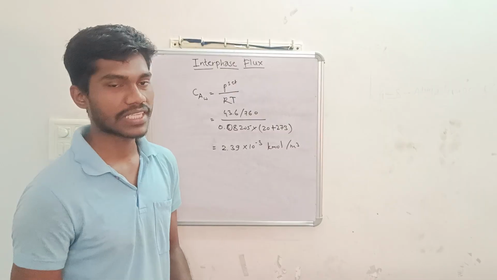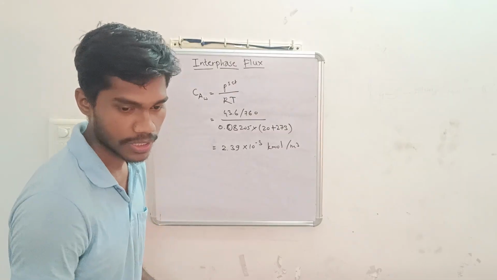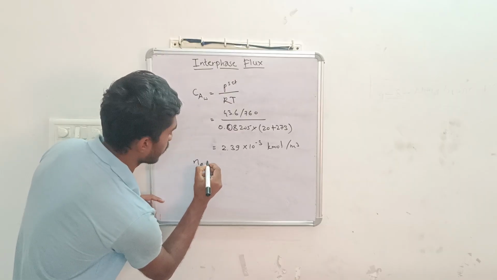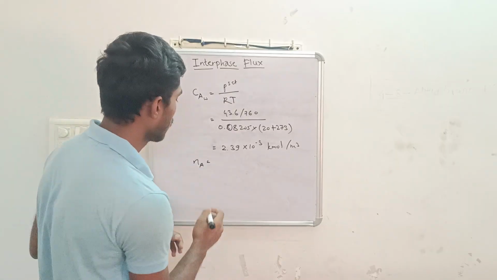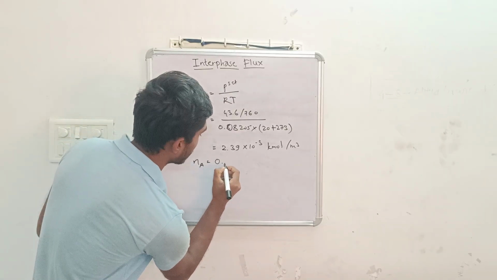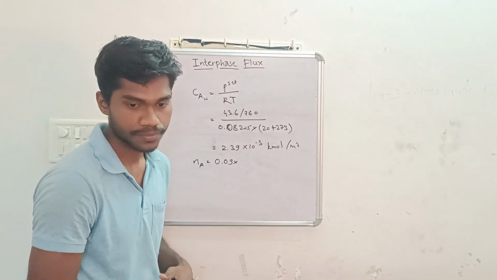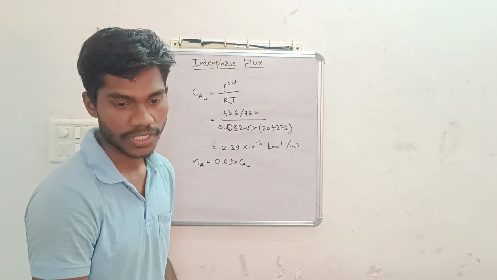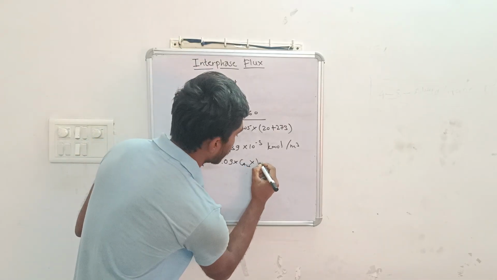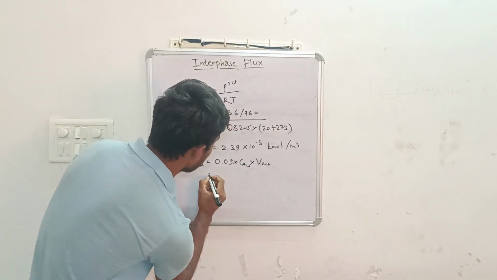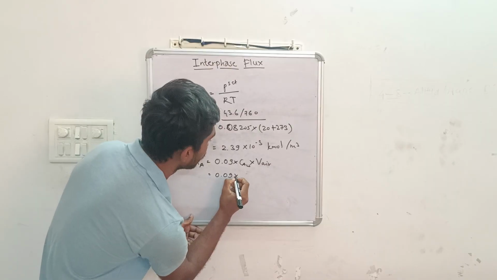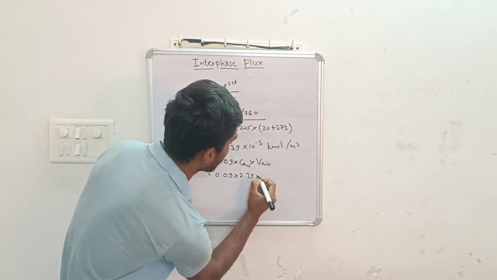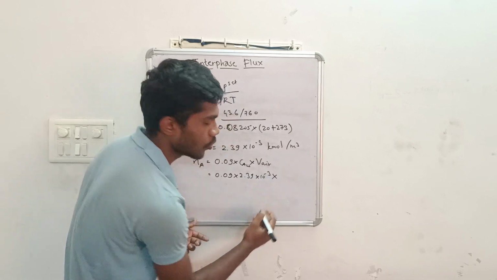So we have to calculate the moles that are evaporated. So NA equals 9%, that is 0.09, into CAS, concentration of ethanol in air, into volume of air. So 0.09 into CAS, that is calculated above, 2.39 into 10 power minus 3, into volume of air.